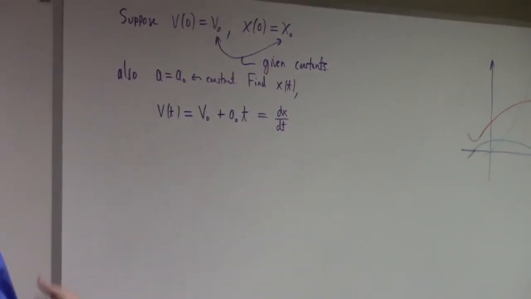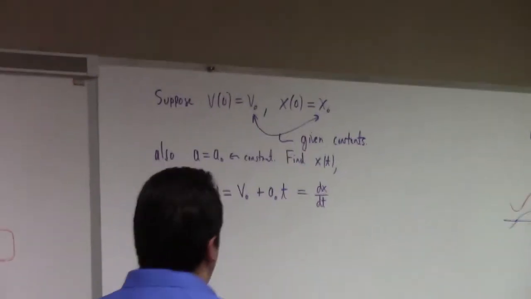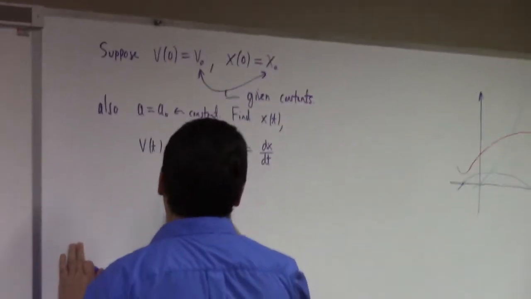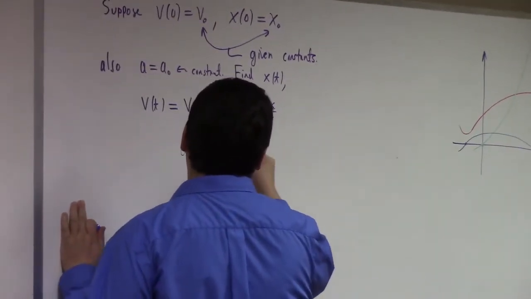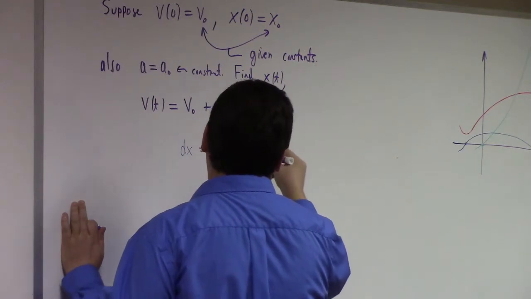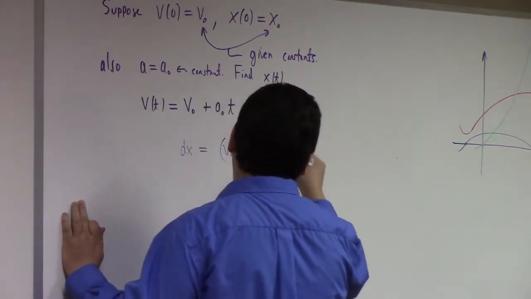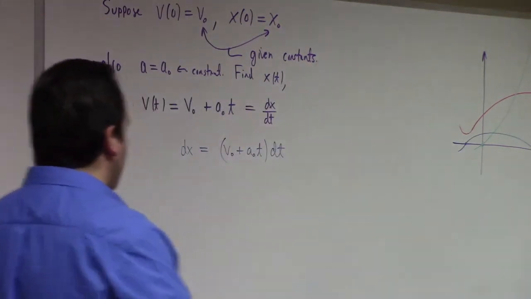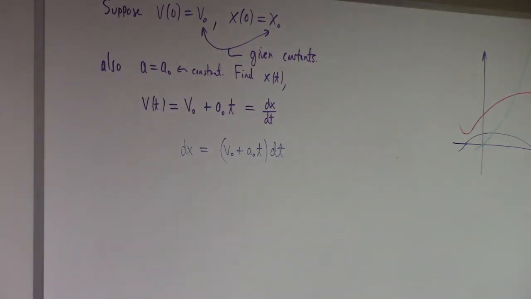So, let's see here. Multiply both sides by dt, right? And I'm gonna put the dx over here. So I've got dx is equal to v naught plus a sub naught times t, all times dt. So that's called separating variables. I want to know what x is, right? So I integrate both sides to figure that out.